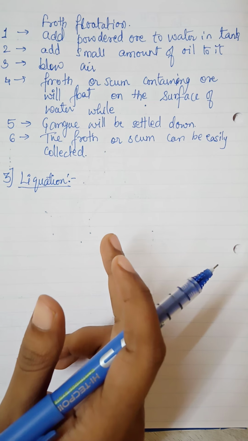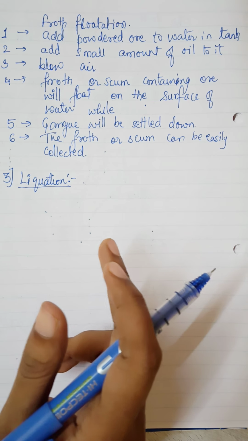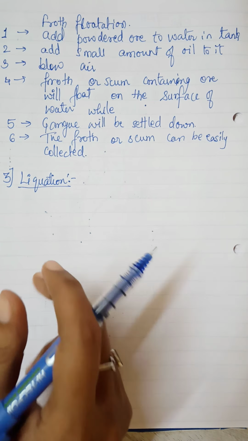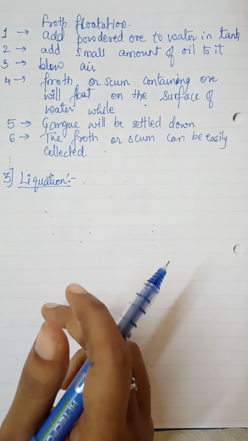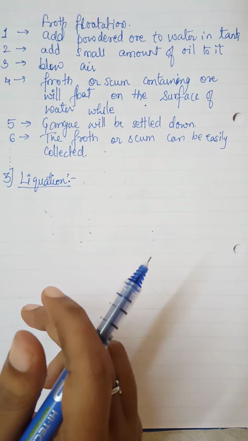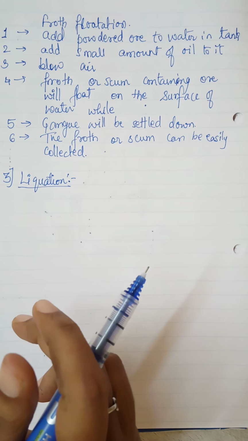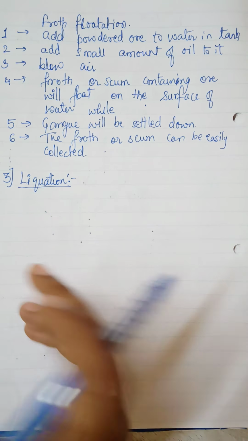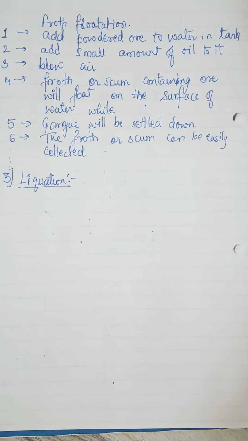You can take an example of stibnite, which is an ore of antimony. To extract antimony from stibnite we use this liquation process.